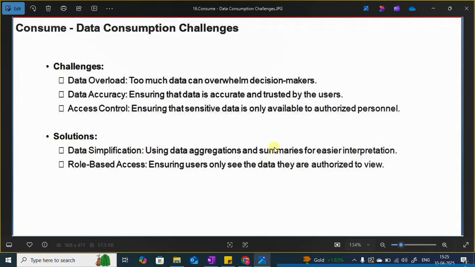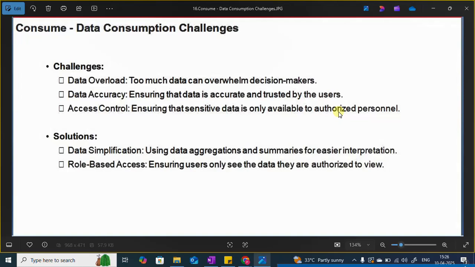Access control: ensuring that sensitive data is only available to authorized personnel. Solution: data simplification, using data aggregation and summarization for easier interpretation. Role-based access: ensuring users only see the data they are authorized to view.